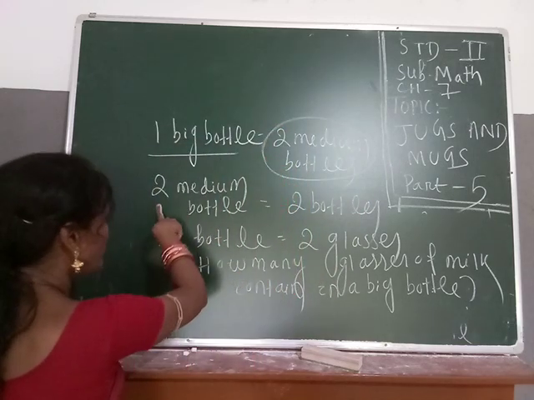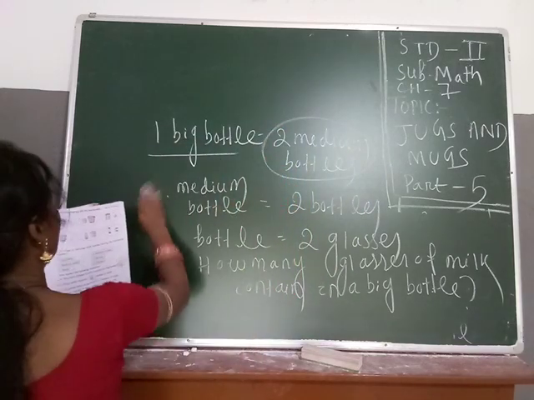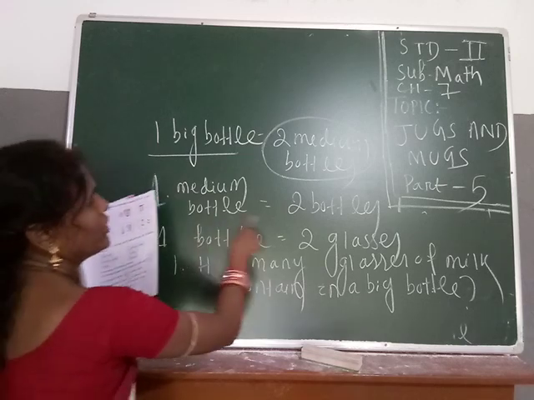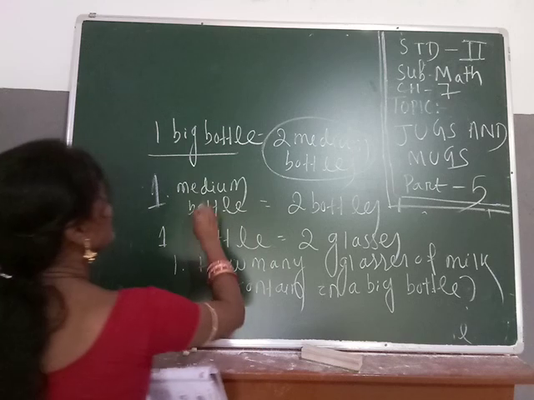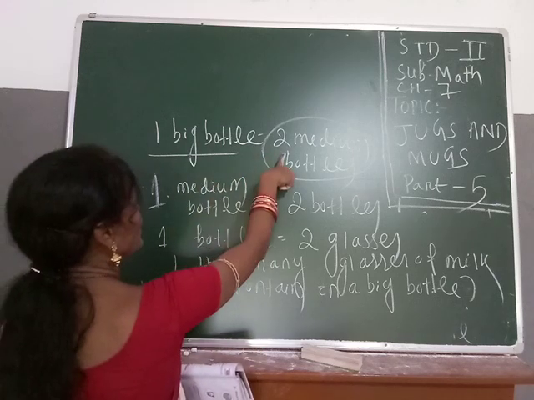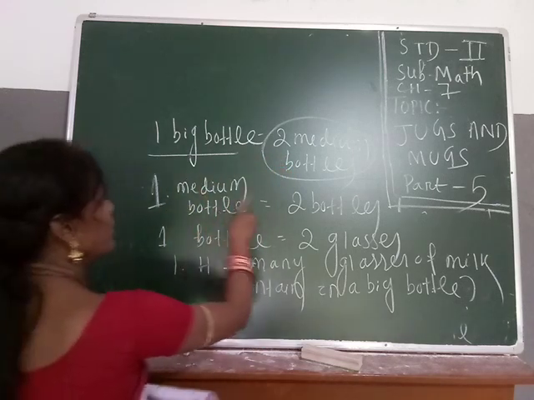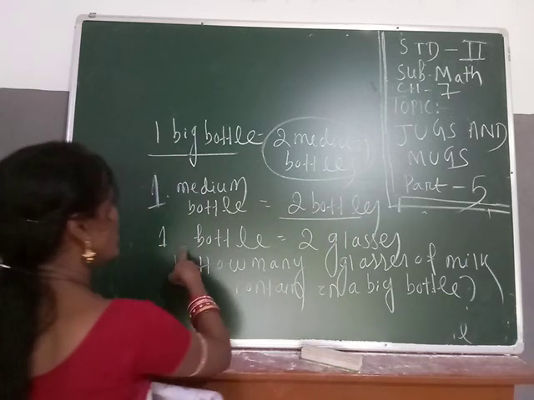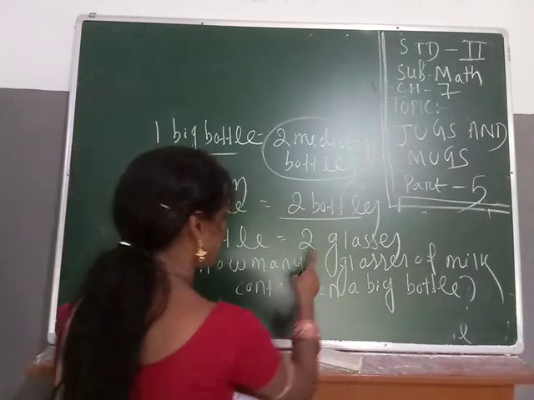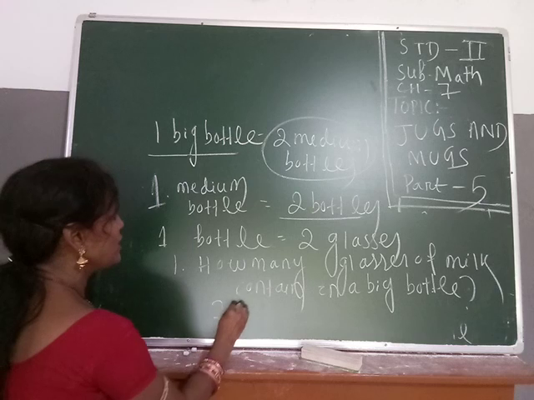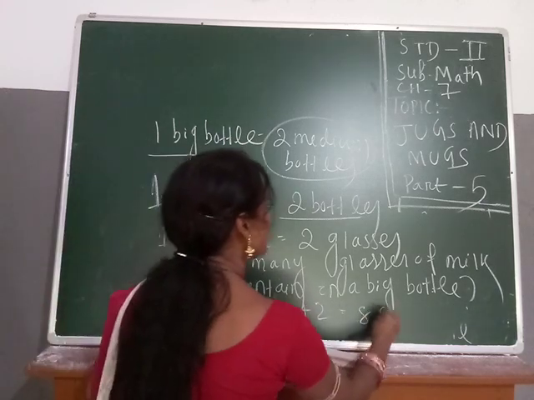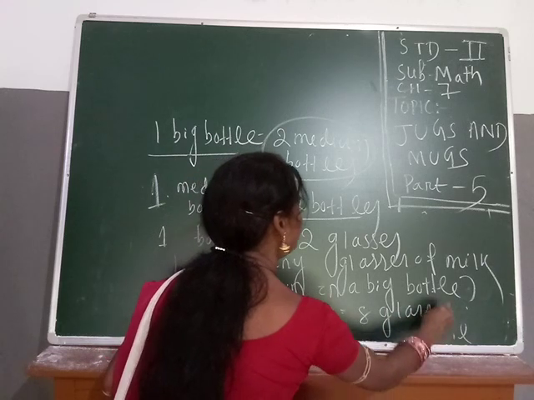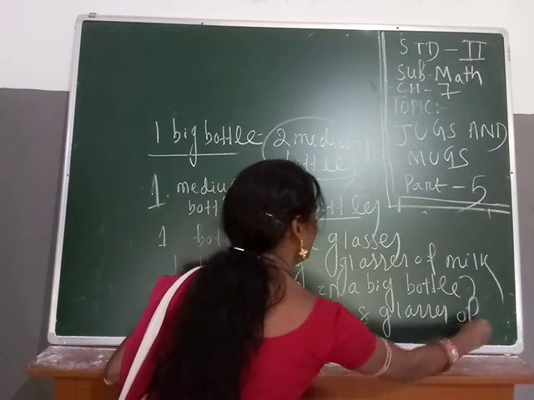Next, 1 medium bottle contains how many? 2 bottles. So 1 big bottle is 2 medium bottles, and each medium bottle is 2 bottles, and that is 8 glasses of milk.